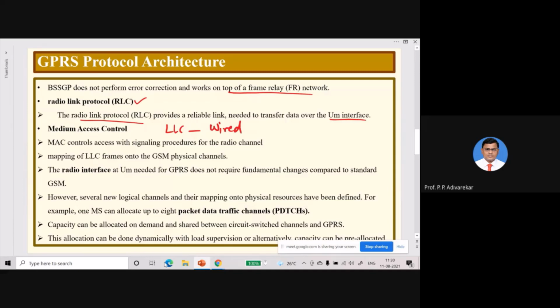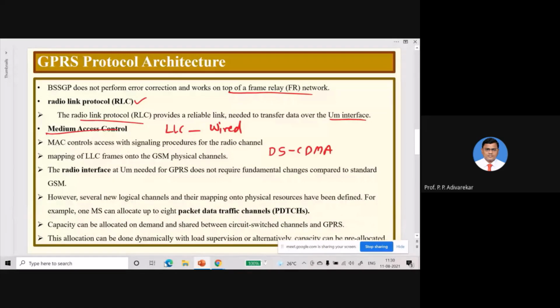Then next is the MAC layer, medium access control. Here we are using DS-CDMA, that is direct sequence spread spectrum technology, which is used in UMTS.